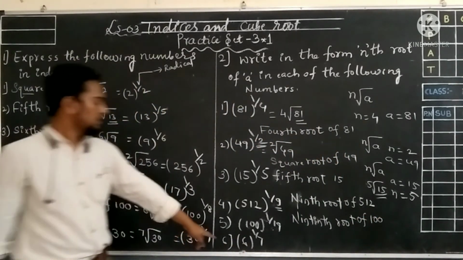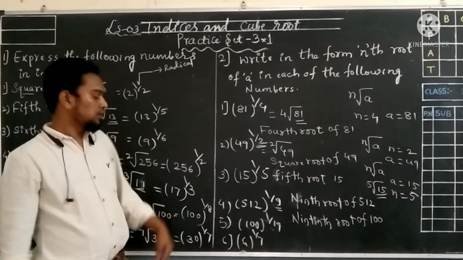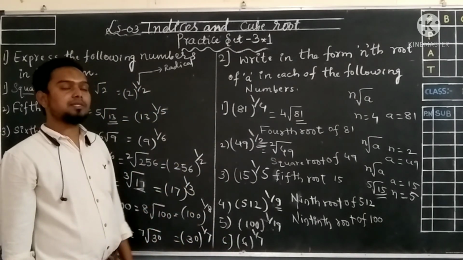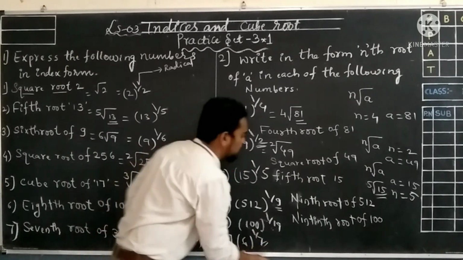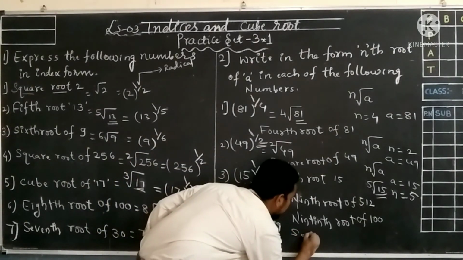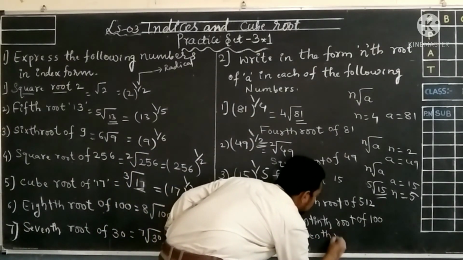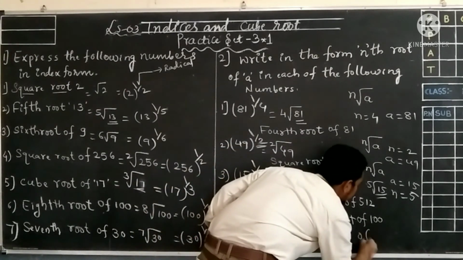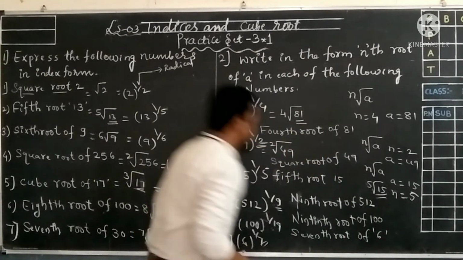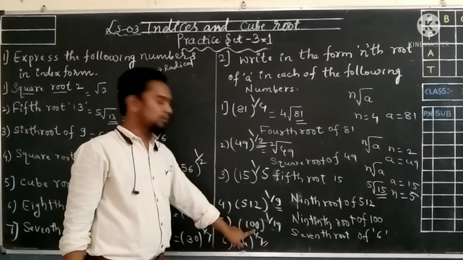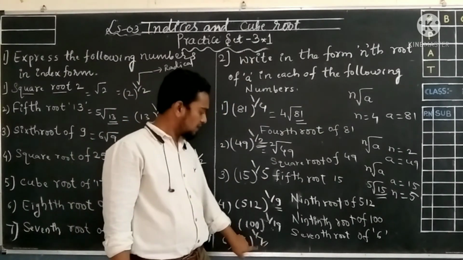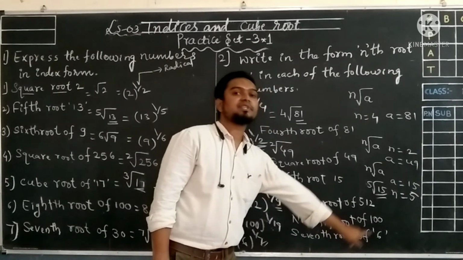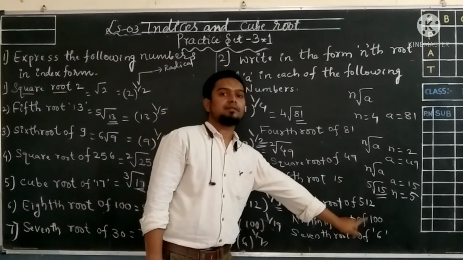Next, the last one is 6 to the power 1 upon 7, which means the seventh root of 6.